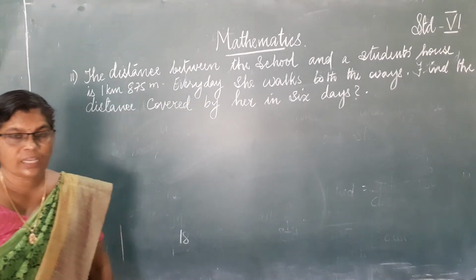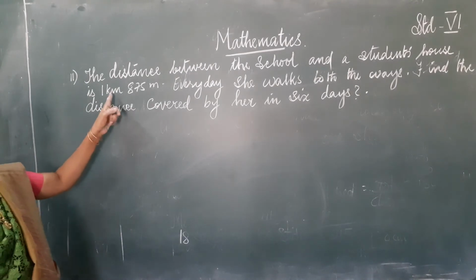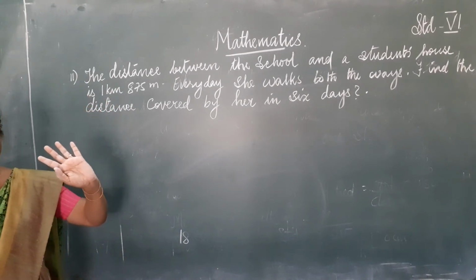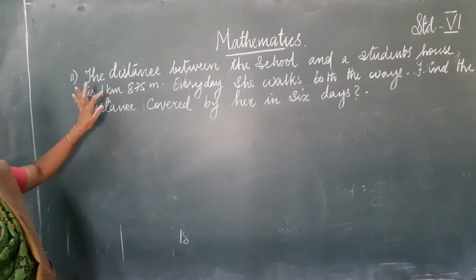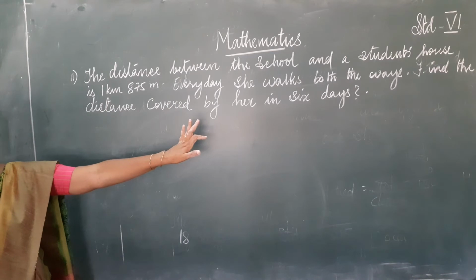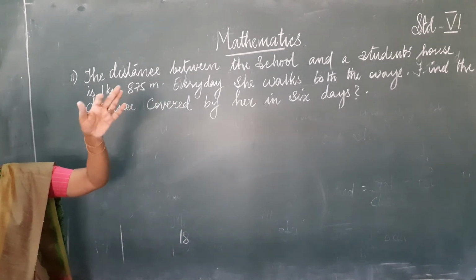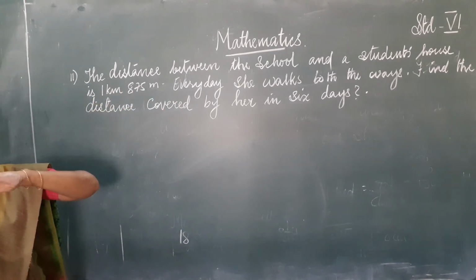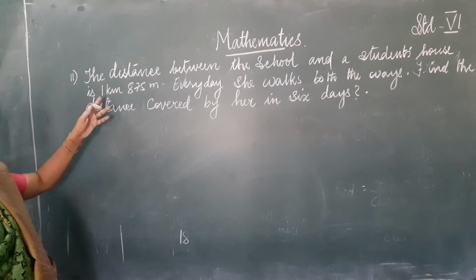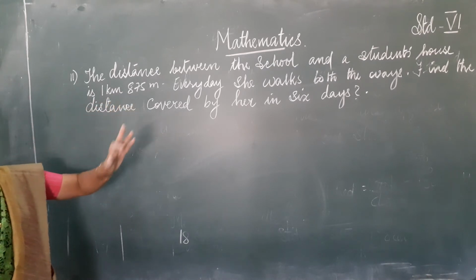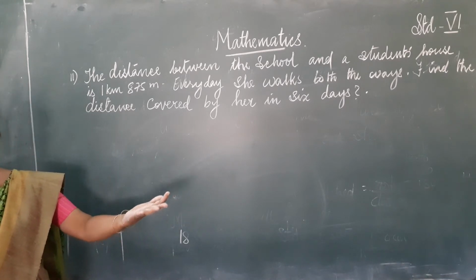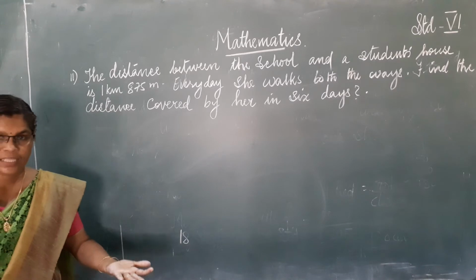Okay, 1 kilometer is 1000 meter. Our 1 kilometer 875 meter is the distance between her house and the school, right? So while coming she is walking 1 kilometer 875, and while going also she is walking 1 kilometer 875 meter, isn't it?